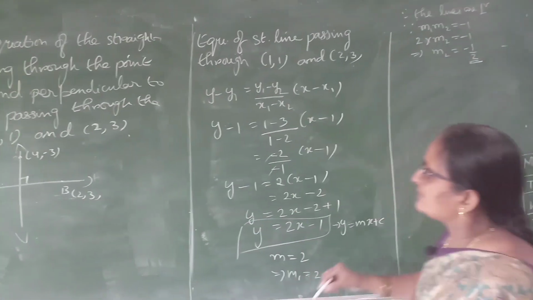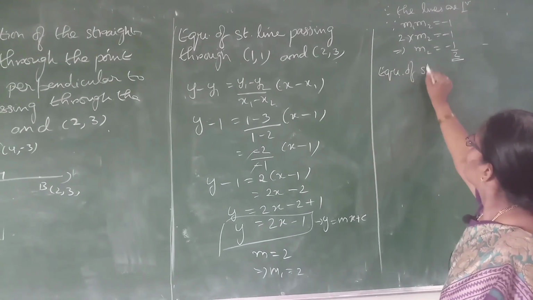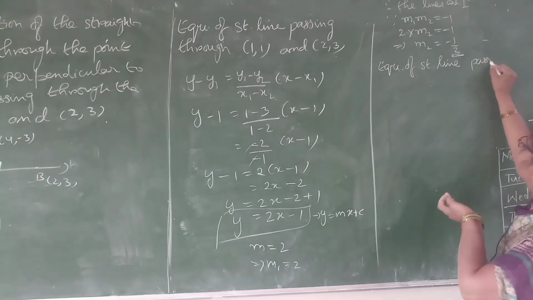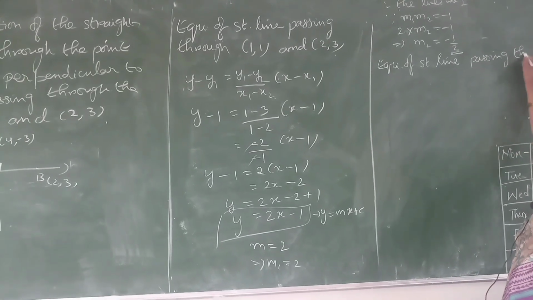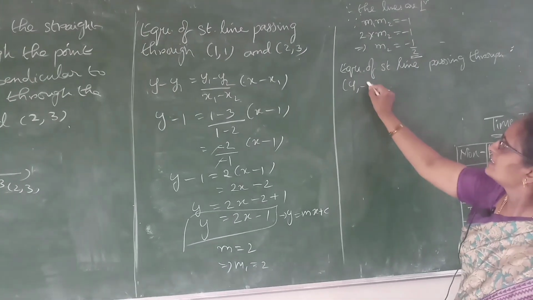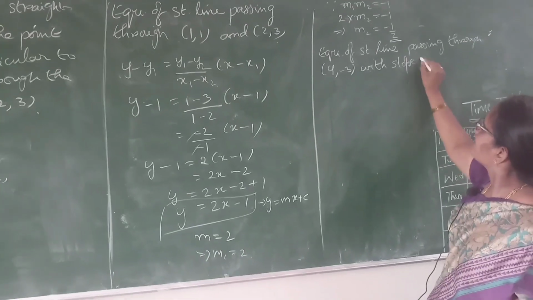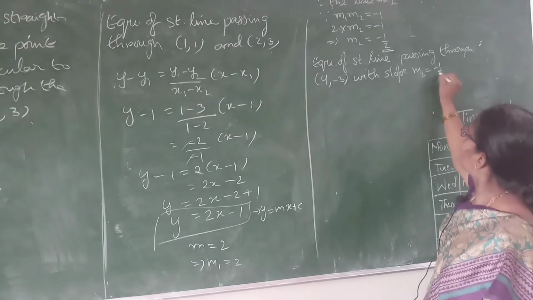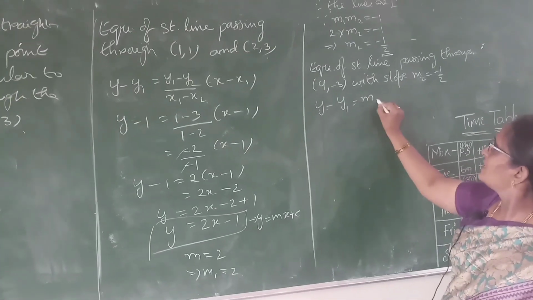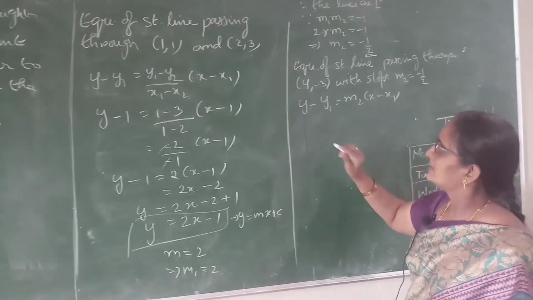Now we have to find out the equation of that. That is the equation of straight line passing through which point there? 4 comma negative 3 with slope m2 equal to minus 1 by 2. That is y minus y1 is equal to m2 into x minus x1. So here y1 is minus 3.